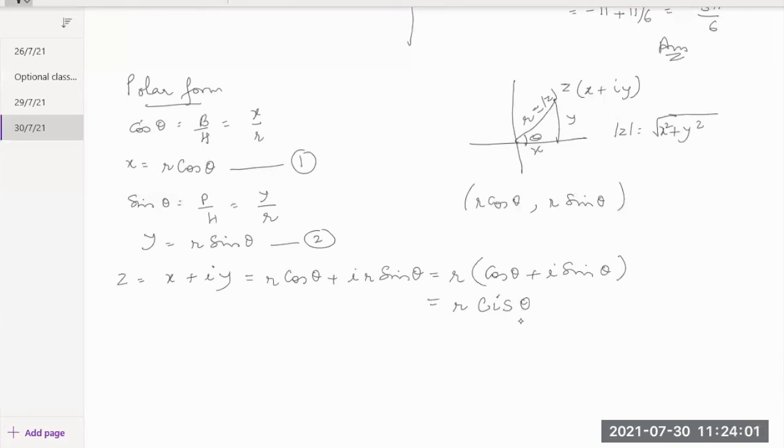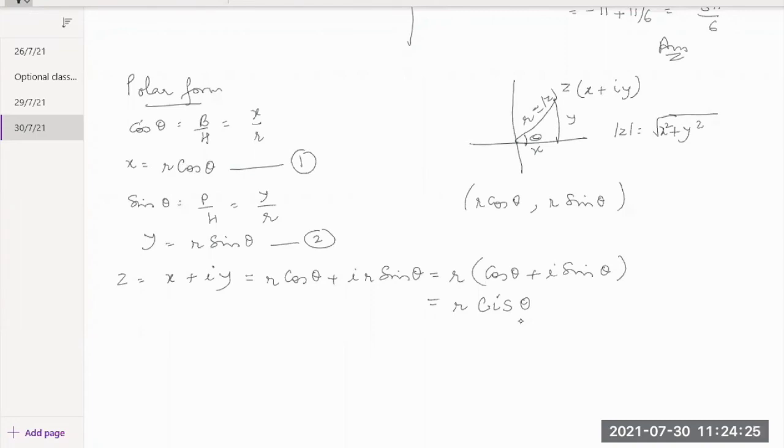Standard form is with the positive only. Keep that in mind. Here also it is with the positive sign, like in the original form, it is x plus iy. Here also it is with the positive sign only. So now complex number z equal to x plus iy has been represented in the polar form, which is r cos theta plus i sin theta over here.